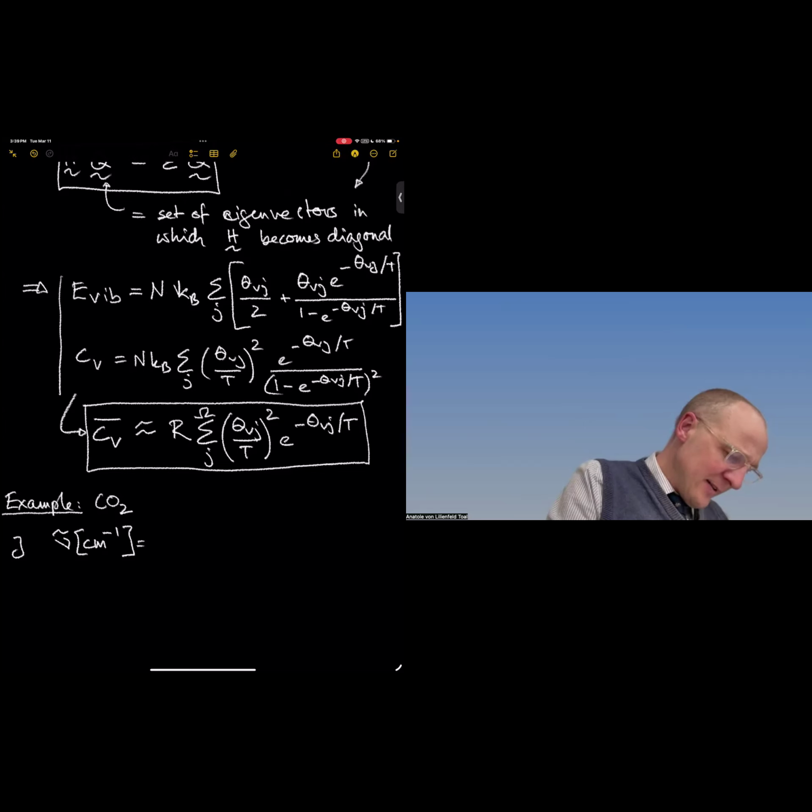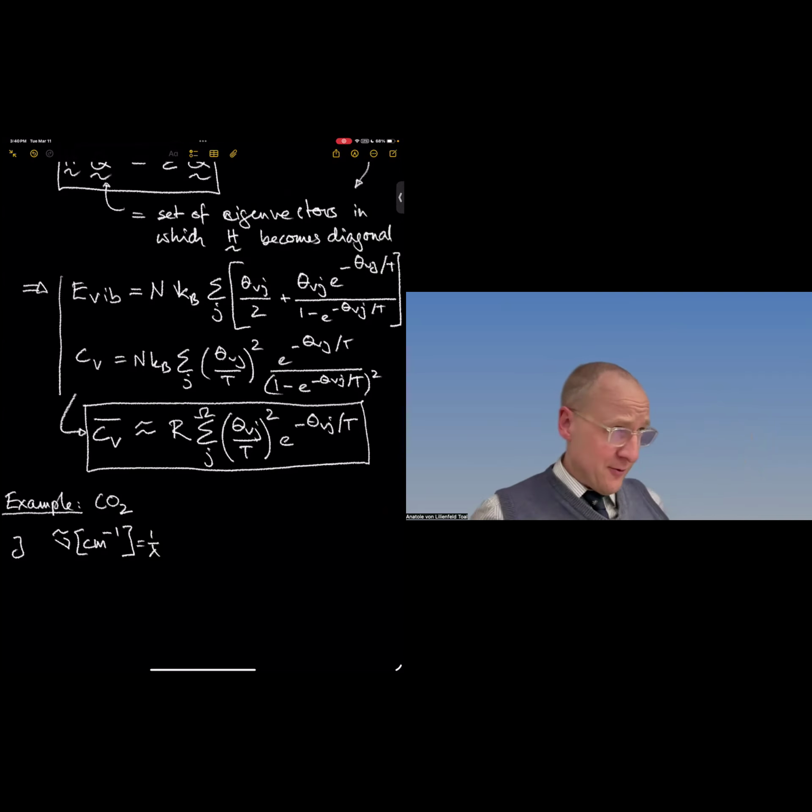So this is the inverse of the wavelength, right? 1 over lambda. Often in infrared spectra, you will see frequency reported in inverse wave numbers, so centimeter minus 1.